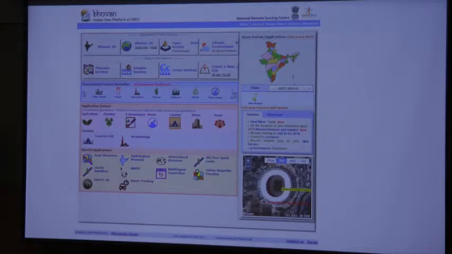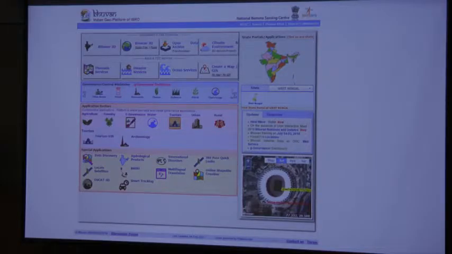So I'm going to go into the Bhuvan site a bit. Bhuvan means earth, and this is a huge repository of data. For the first time, since within India, the concern about national security always prevented access to detailed local level maps to people.